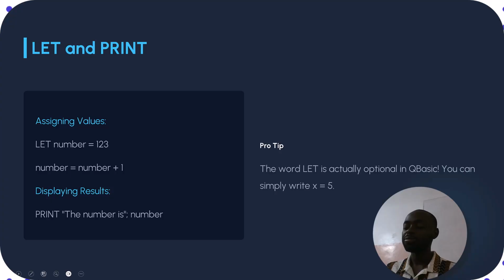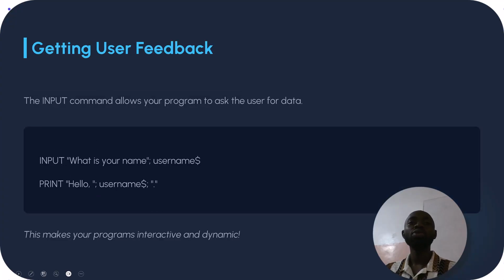So the input: how do we get user feedback? Programming is interactive, so there's a need for the user to also add an input. In QBasic, we have the INPUT command, which helps the user to input or give some feedback. Let's look at the example that we have: INPUT "What is your name".